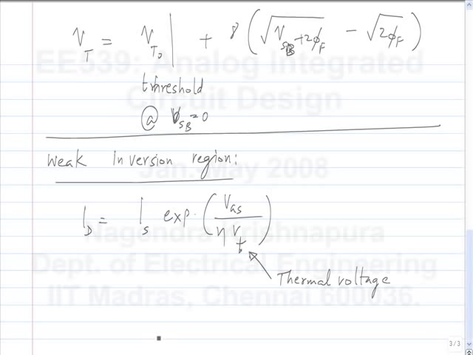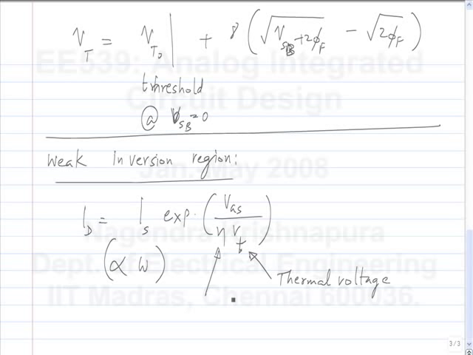The saturation current will be proportional to the width of the MOSFET. All currents are proportional to the width of the MOSFET always, because if you take two identical transistors in parallel and put them together, you get twice the current. That is simply like increasing the width by a factor of 2. So, the proportionality to width is pretty much exact for MOSFETs in all regions of operation.